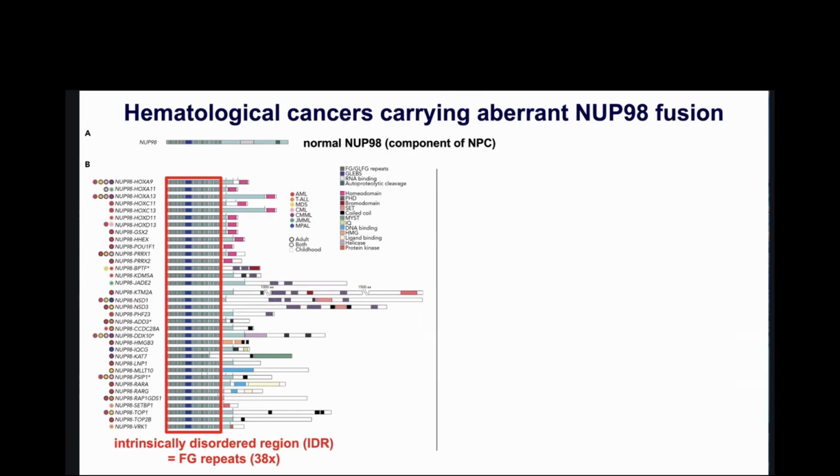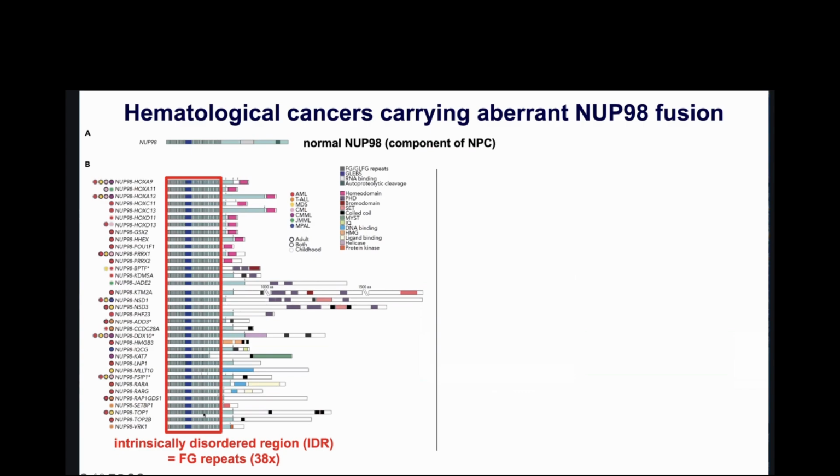So for the first question, what drives condensate formation? As you notice, the commonality of all these nucleoporin fusion oncoproteins is the N-terminal region of all these fusion proteins, as I'm showing here in these red boxes.